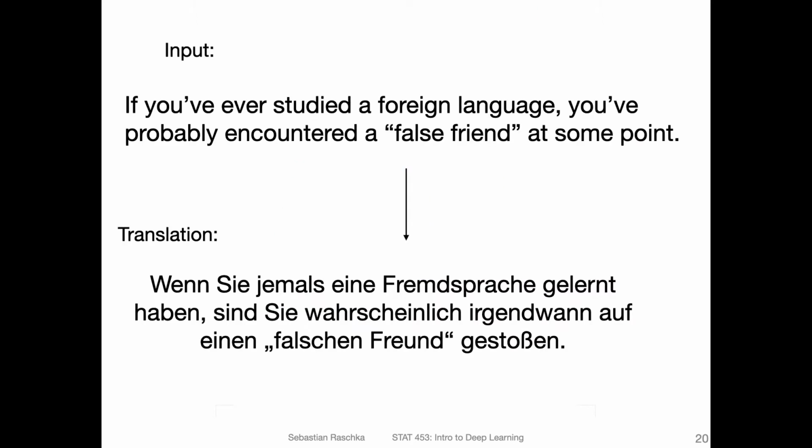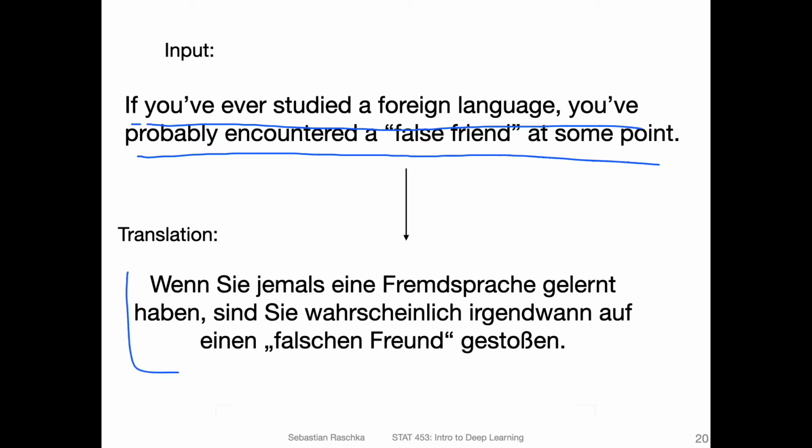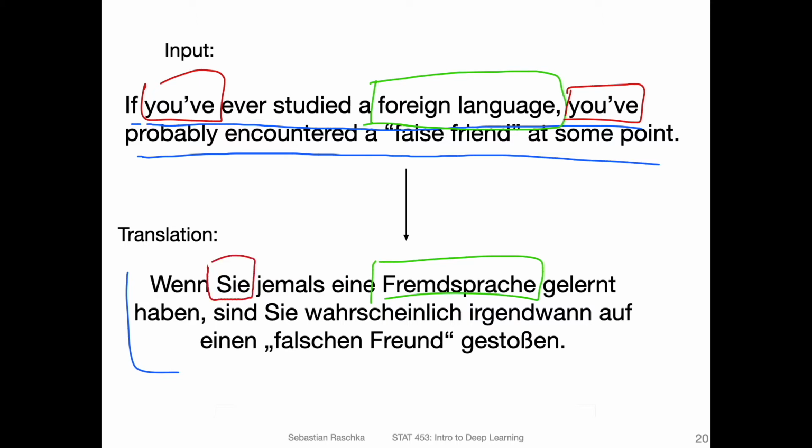For instance, here's another example sentence. It's, "If you have ever studied a foreign language, you have probably encountered a false friend at some point." And here, this is the translation. One thing that happens is, for instance, these two words become one word. It's called Fremdsprache here. Another thing I can spot here is that the "you have" translates one time to this word, so actually the combination of these two, which are farther apart.